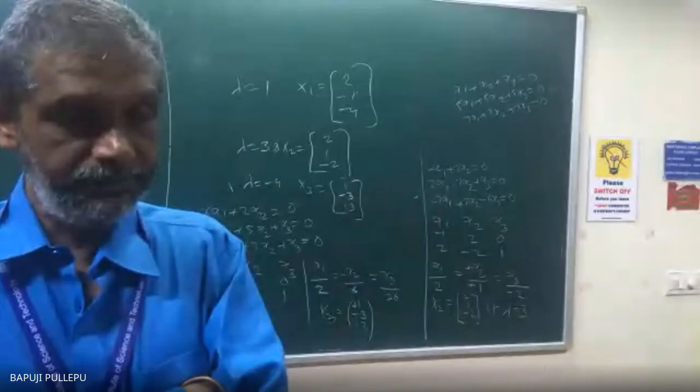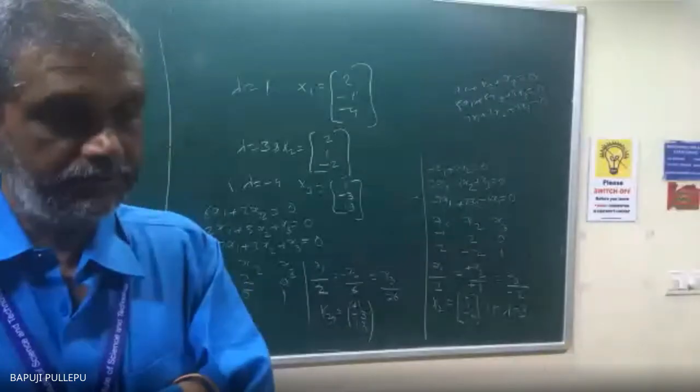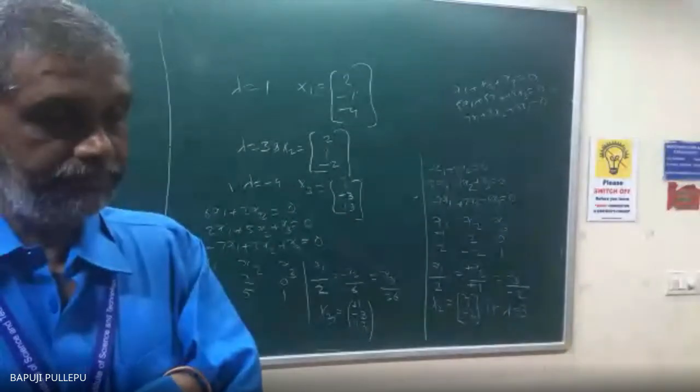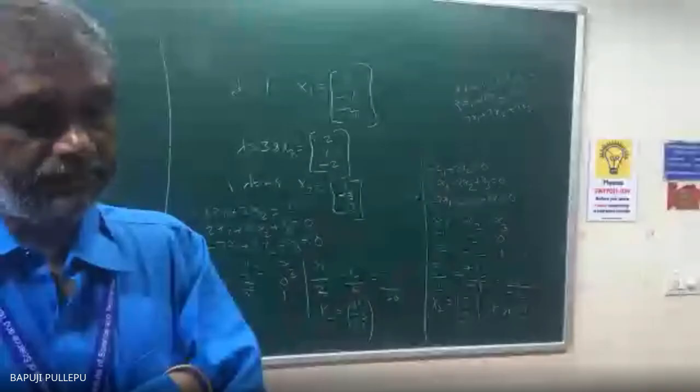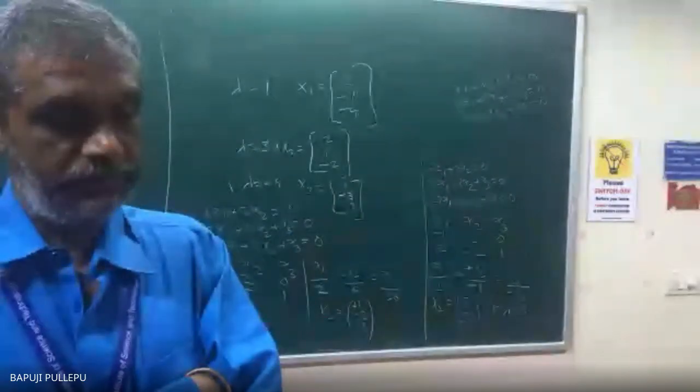Utkarsh. 3, present, sir. 4, present, sir. 5, present, sir. 6, present, sir. 7, present, sir. 8, present, sir. 9, present, sir. 10, present, sir. 11, present, sir. 12, 13, 14, 15, 16, 17, 18, 19, 20, present, sir.